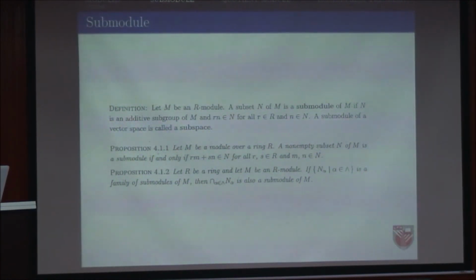The result will be in N alpha for any alpha. Since r times m is in N alpha for any alpha, then it is in the intersection also. So that's why this function is defined, and all these properties are true.